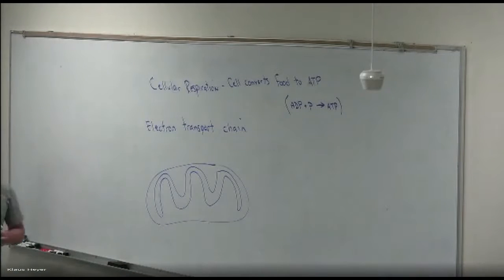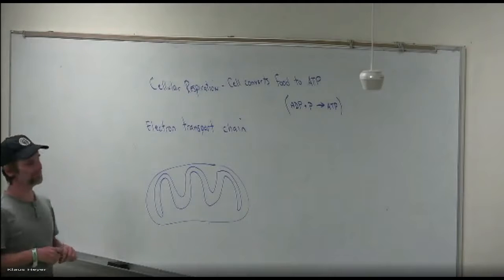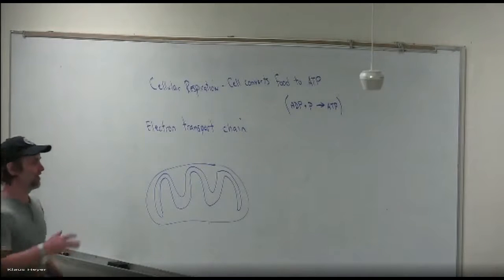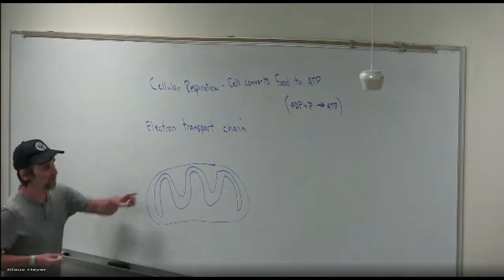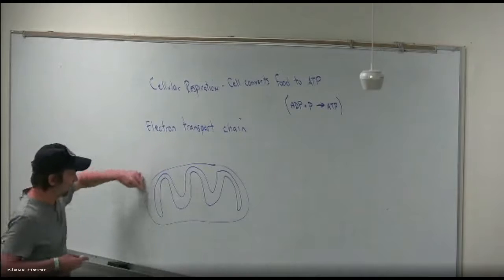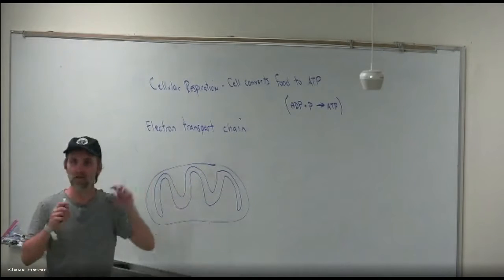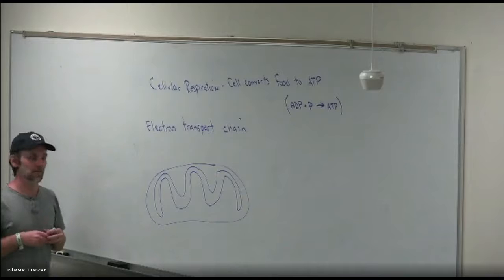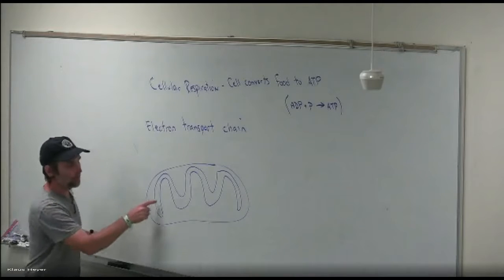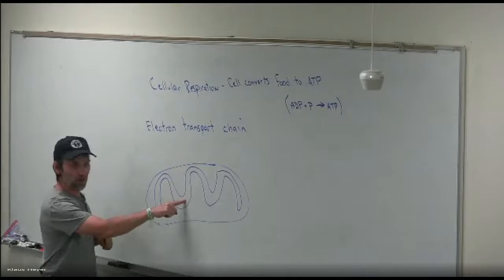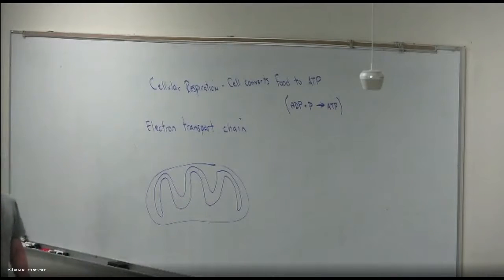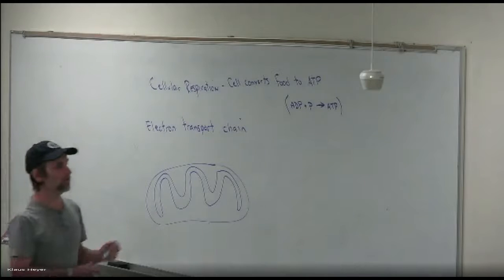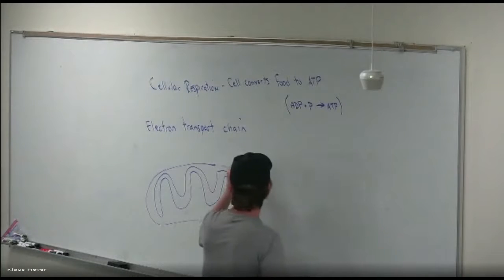So that's my mitochondria. But the point is that there's an inner and an outer membrane. So these lines that I drew, like this membrane around, is just like your cell membrane. And this inner membrane, if I look at these blue lines and I magnify it, it's going to look just like your cell membrane. In other words, it's a phospholipid bilayer.